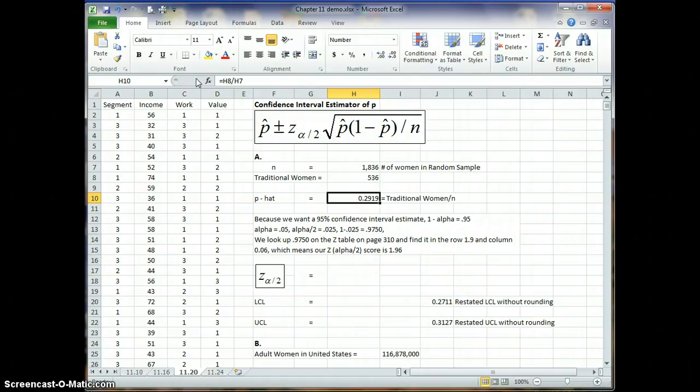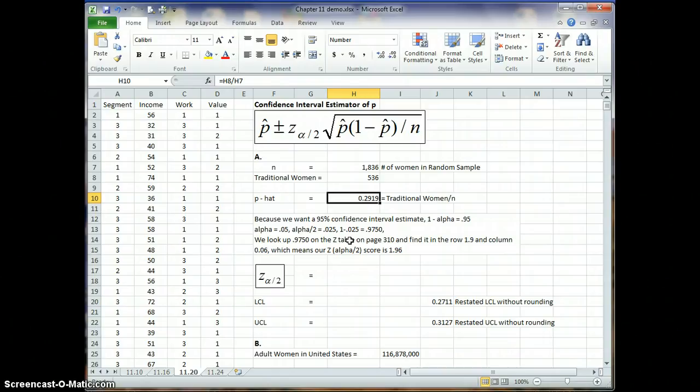And now it revealed in the question that we want to use a 95% confidence level. So because we want to use the 95% confidence interval estimate, 1 minus alpha is equal to 0.95. So alpha, therefore, is equal to 0.05, and we're going to divide alpha by 2, so it's equal to 0.025, and then we're going to take 1 minus 0.025 to give us the cumulative probability of 0.9750.